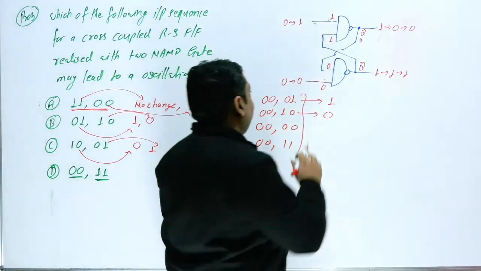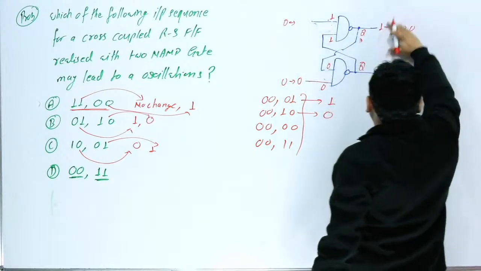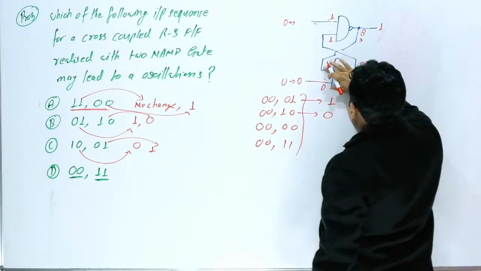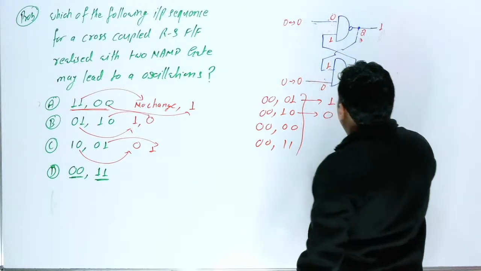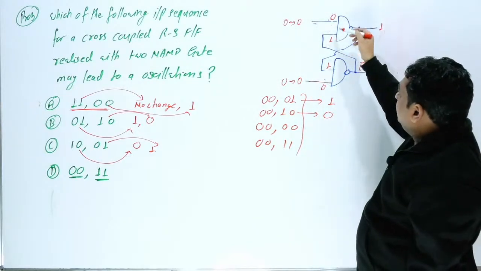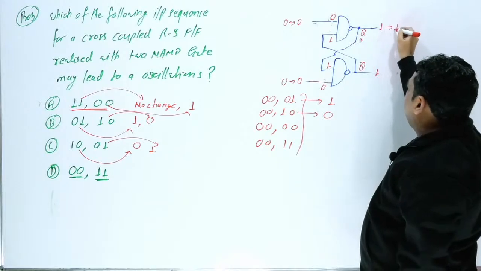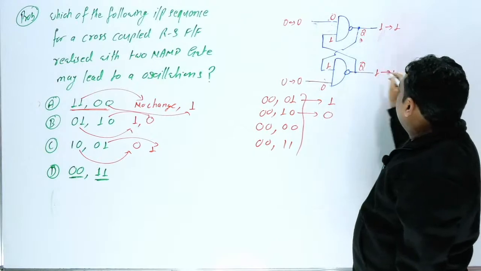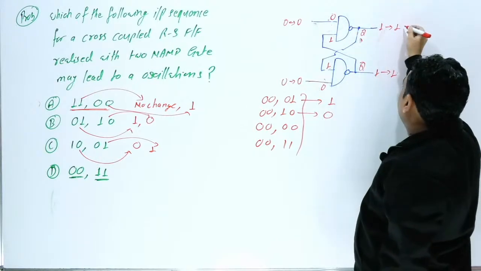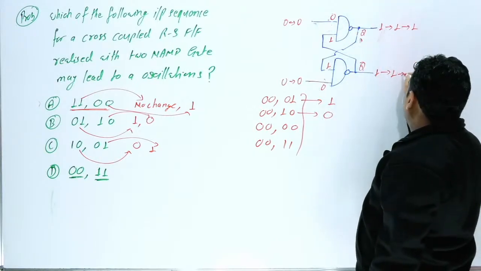What will happen if initially this is 0 0 and this is initially 1 and 1? Here you will get 1 and 1. Then if you apply 0 0, here you will get 0, here you will get 0. So 0 1, 0 bar, you are getting 1. Again this is 1 and 1, then 0 1, 0 bar is 1. So this is always 1 and this is always 1.